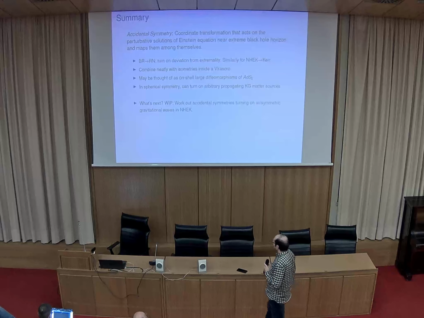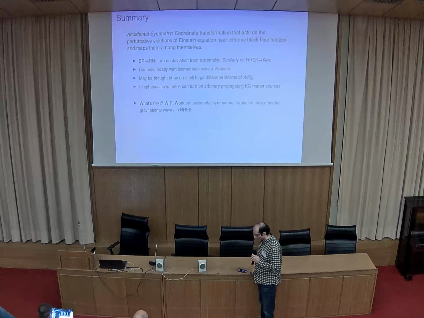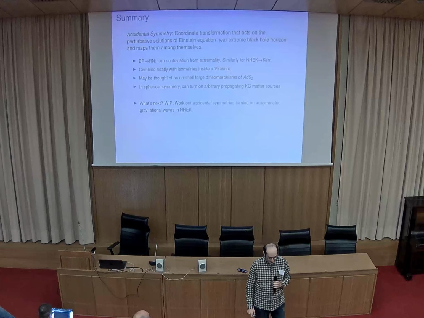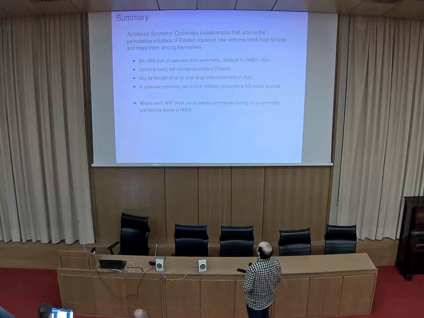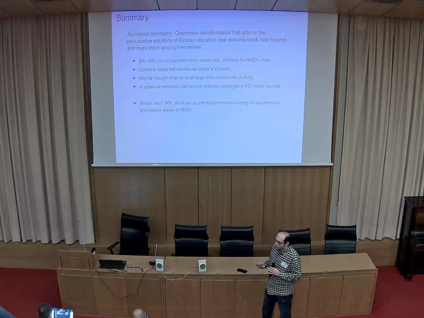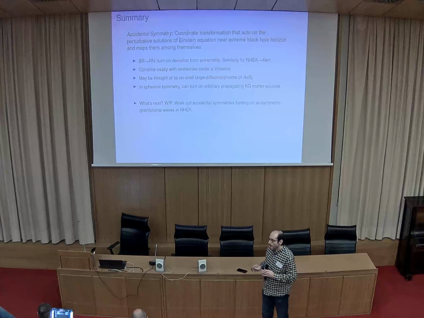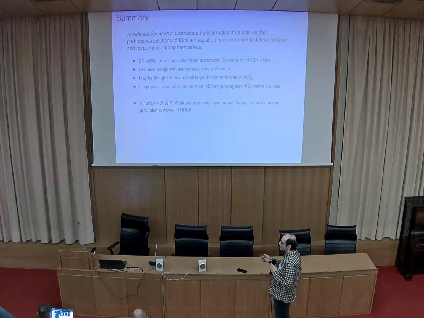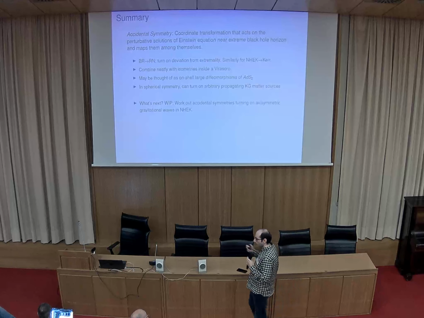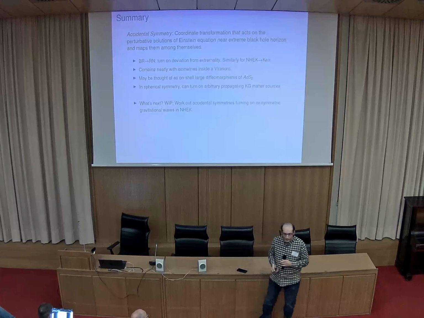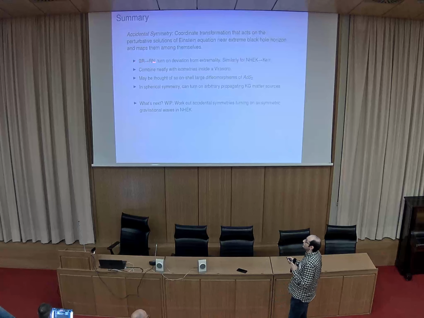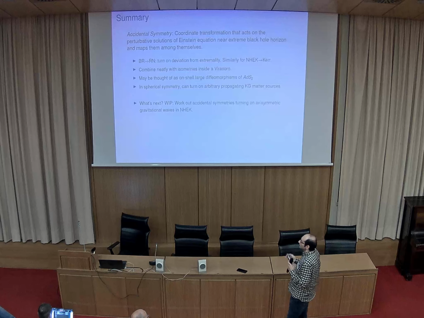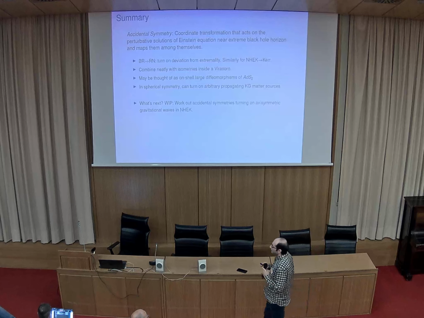All right, so I have a few minutes, so let me summarize real quick. What are accidental symmetries? Accidental symmetries are coordinate transformations which act on perturbative solutions of the linearized Einstein equation around extreme and near extreme black hole horizons. And what they do is they map perturbative solutions amongst themselves. We saw that for the story Bertotti-Robinson to Reissner-Nordstrom, within spherical symmetry, there is one such accidental symmetry.